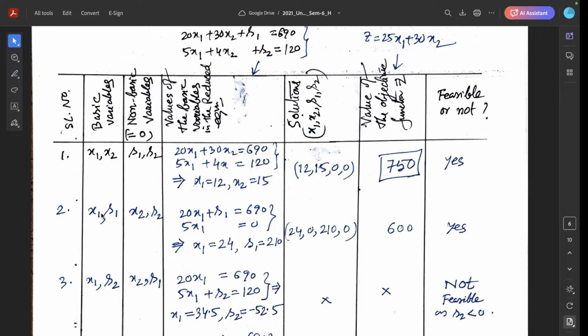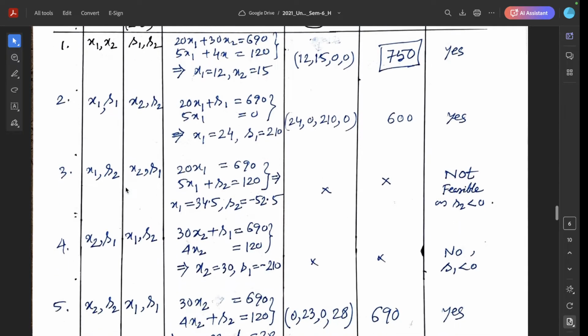Next, basic variables x1, s1, non-basic variables x2, s2: this solution gives objective function 600, and this is a feasible solution. Next, basic x1, s2, non-basic x2, s1: the value of s2 is negative, so we did not calculate the value of the objective function because it is not a feasible solution.